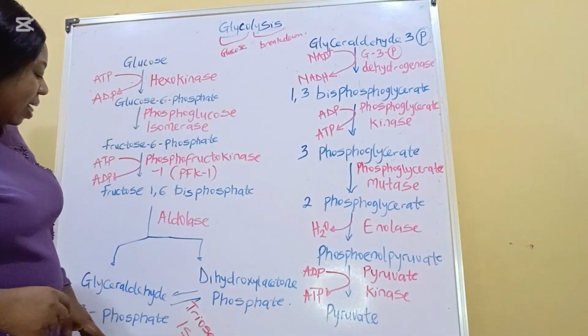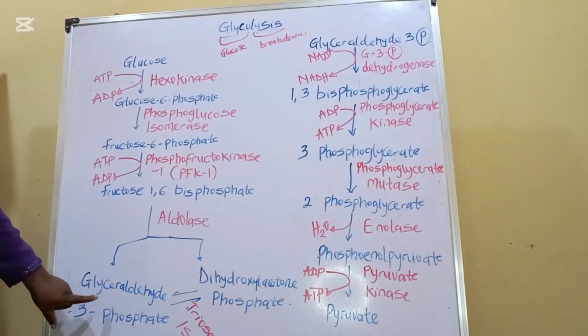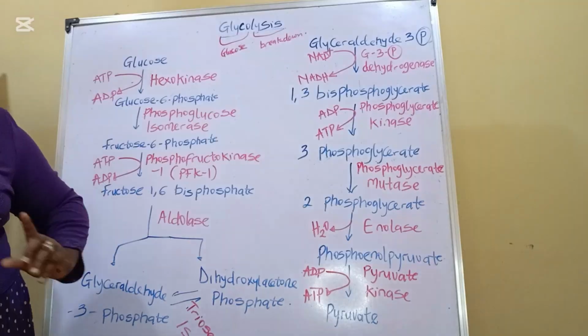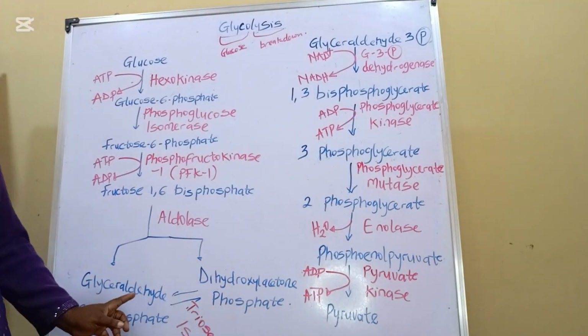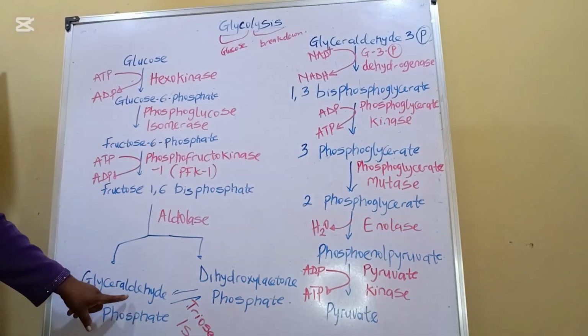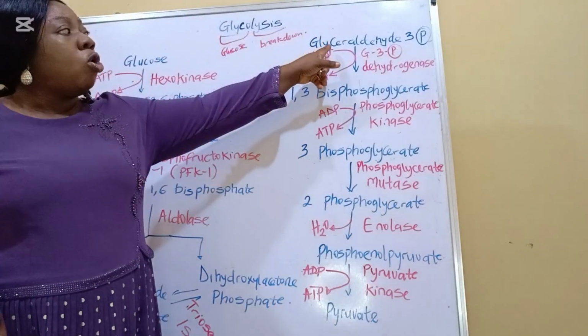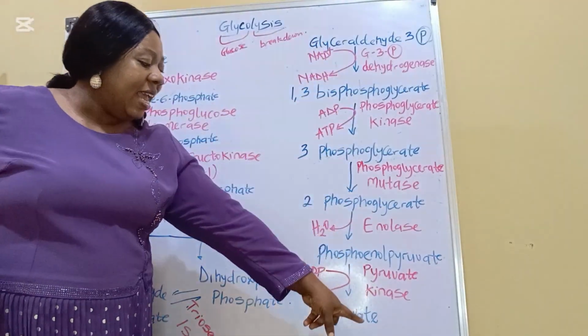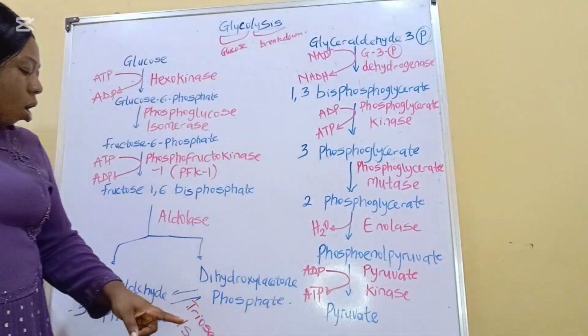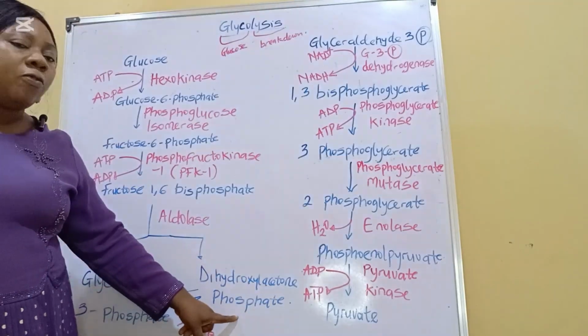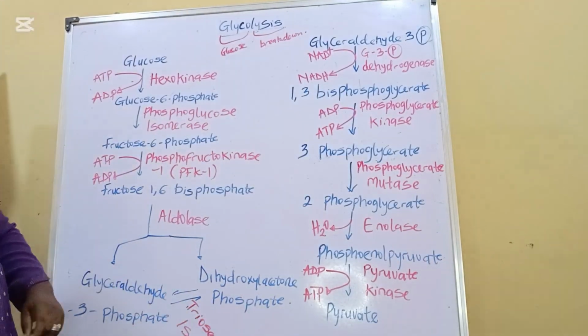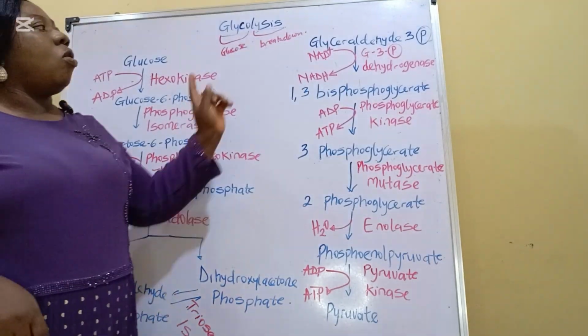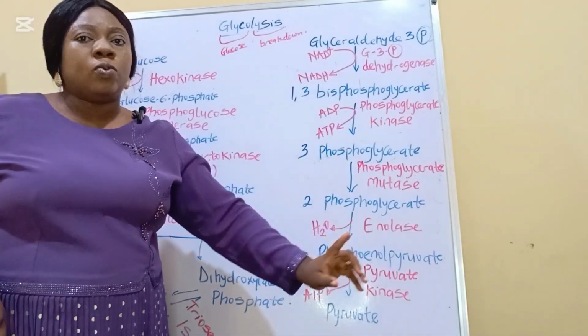Also, remember that these isomers can be easily converted into each other. So when glyceraldehyde 3-phosphate continues with glycolysis, it ends up giving us one pyruvate. Dihydroxyacetone phosphate can also be converted to glyceraldehyde 3-phosphate and continue the glycolysis pathway.